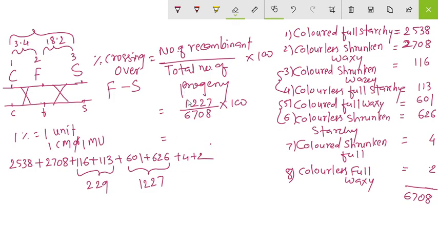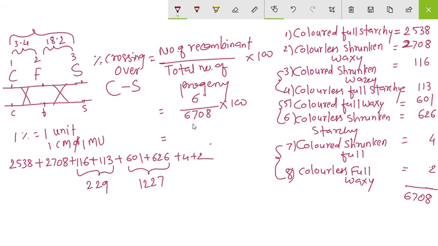Now the CF is over, FS is over, now C and S. So the distance between C and S: these two progeny are produced due to the double crossover and they were 6 only.